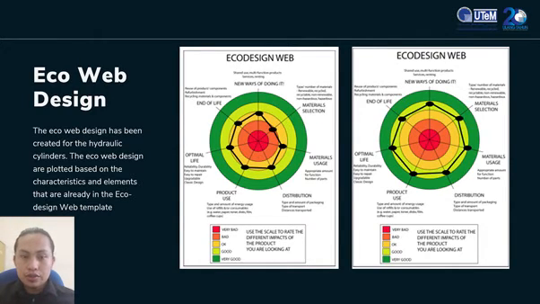This is to produce a hydraulic cylinder that uses a great material not only for the product's sustainability but also for the sake of being environmentally friendly. Next, the eco-design web for the redesigned hydraulic cylinder shows that the new design has more improvement in terms of all the 7 elements in the eco-design web template.